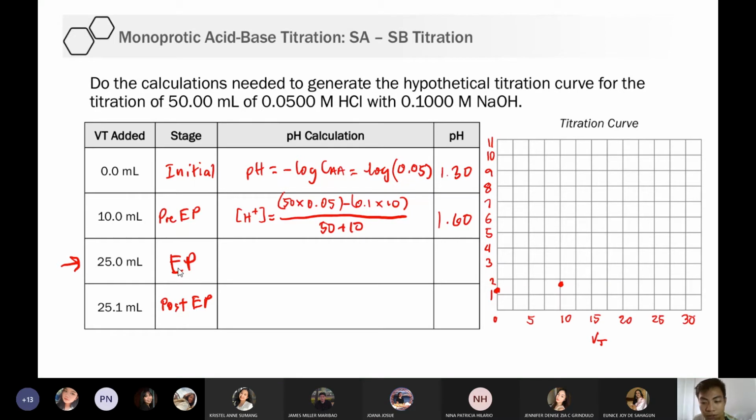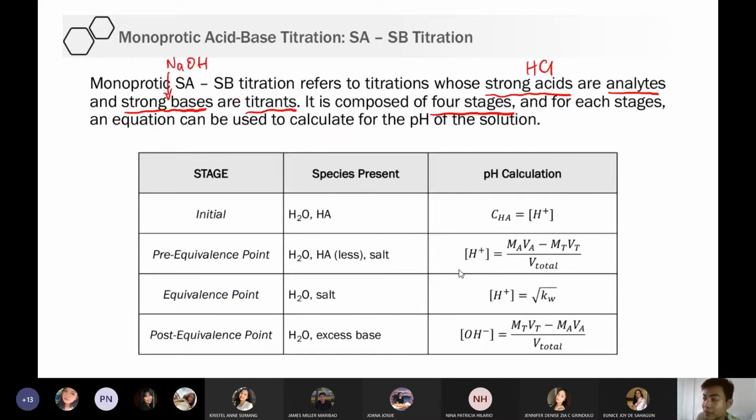Ito, at equivalence point. Ano yung equivalence point pH? Matic, 7 yun. Okay? Huwag ka na mag-isip dyan. 7 agad yun. Pag strong acid, strong base, ang equivalence point pH ay 7. Bakit? Kasi, sabi ko, at equivalence point, only water is present. So, ibig sabihin nun, yung water lang yung reason bakit may pH. And bakit nga ba may pH?